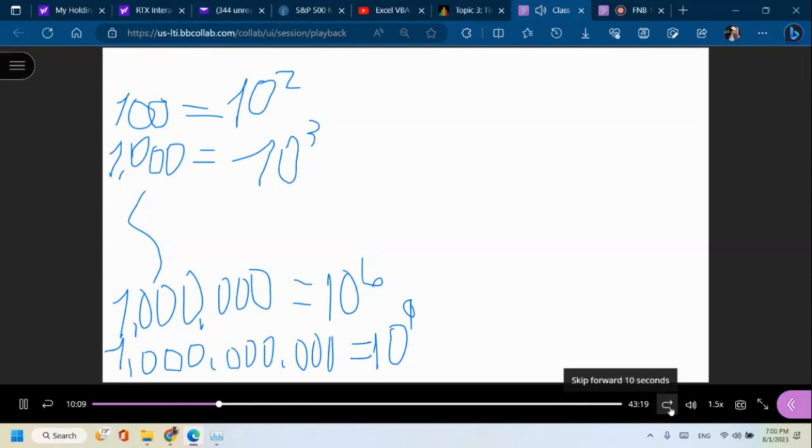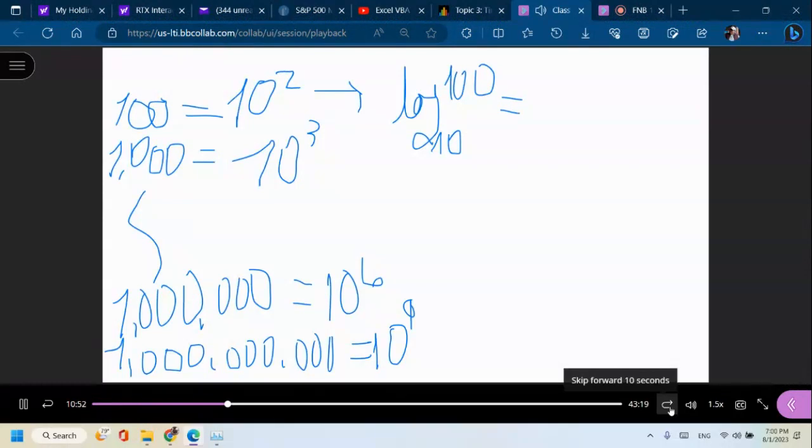Now, there's another way of expressing it. We can use log, which means, you know, log of 100 to base 10. That means we want to express this 100 by only the exponent of 10, right?